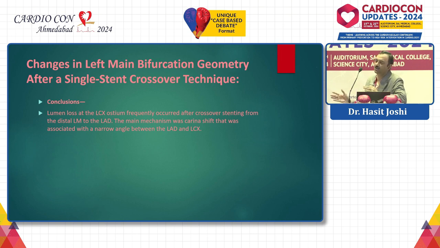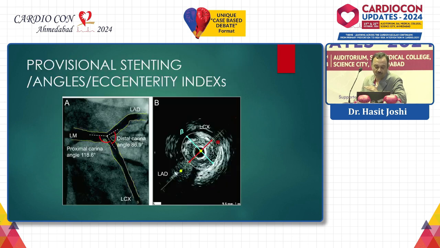So if there is a narrow angle less than 70%, there is always carina shift, and 10 to 20% LCX ostium luminal loss is present. So if that occurred the first time and has progressed since, crossover stenting is not an option.